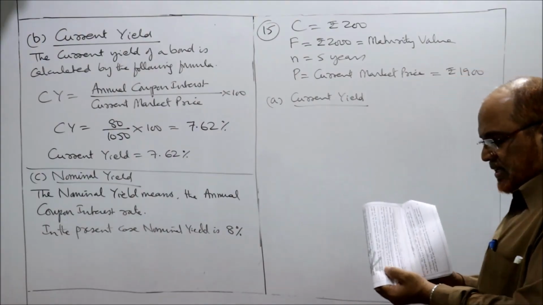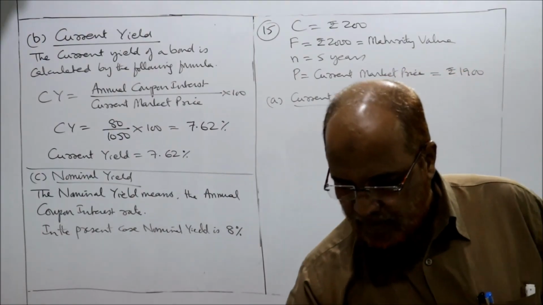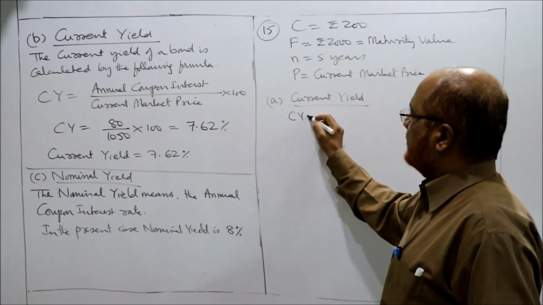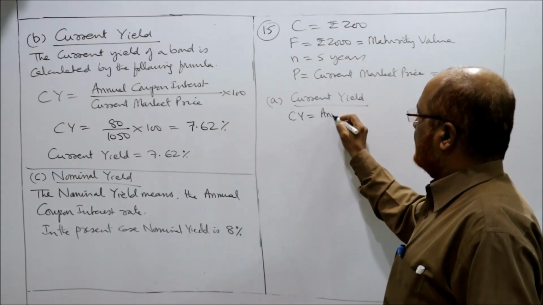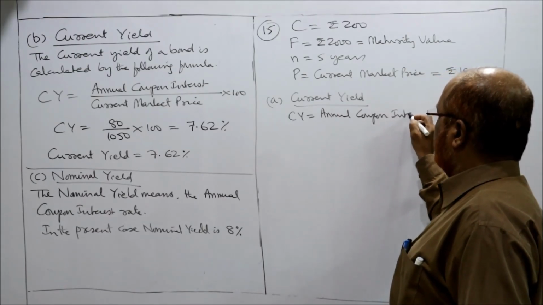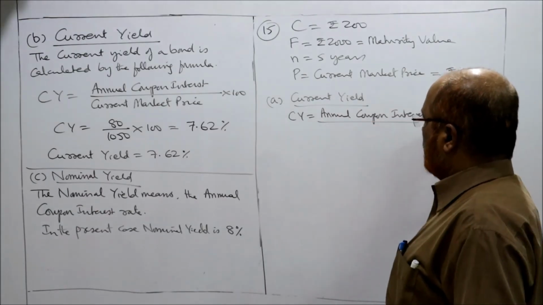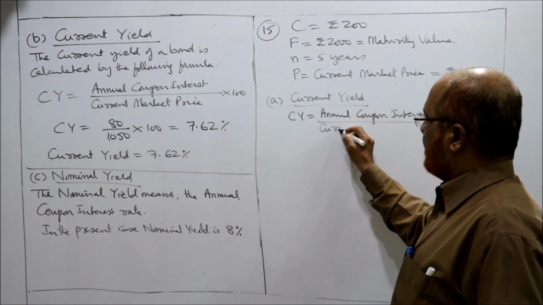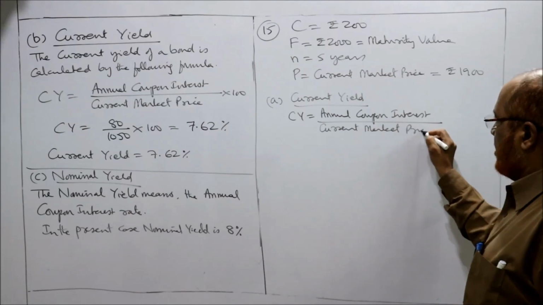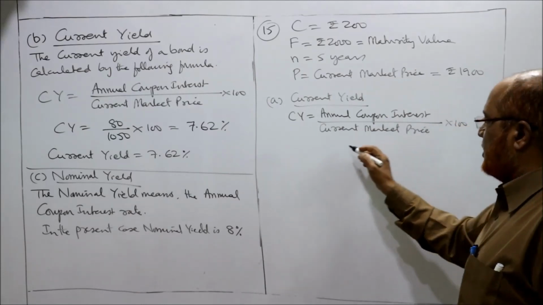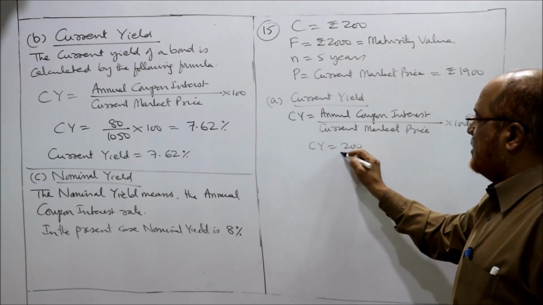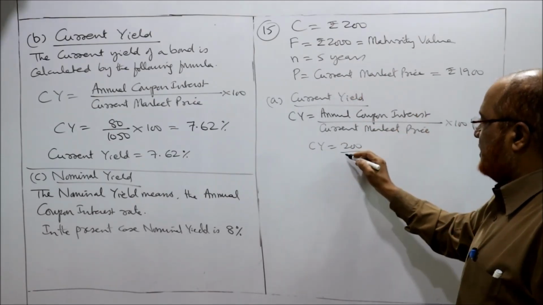The first question is asking you to calculate the current yield. Annual coupon interest divided by current market price into 100. Annual coupon interest is 200. Current market price is 1900.